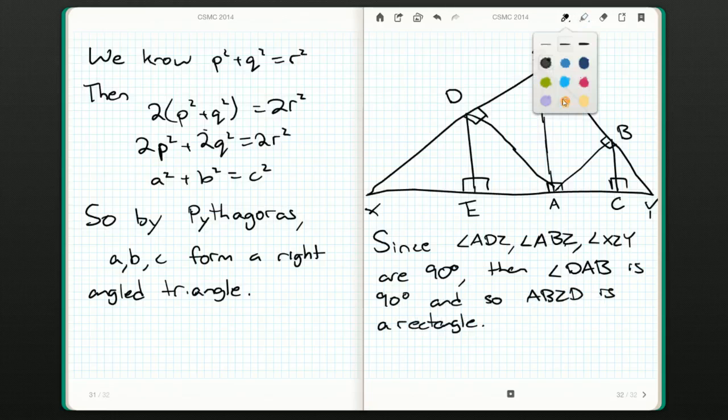So I'm going to mark this thing up in, we'll go with the pinky red. So what did we just learn? We learned we have a right angle here. Now, I wonder, so we'll use blue for my wonders. That means that AB is equal to DZ. And so if I were to not drop this altitude, but instead drop this altitude, I would have DZ equal to AB.